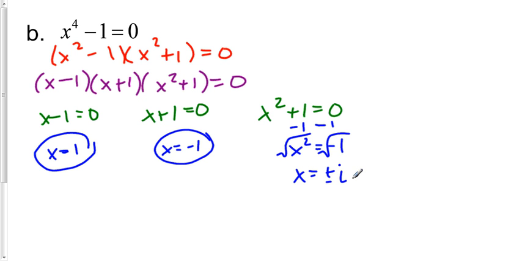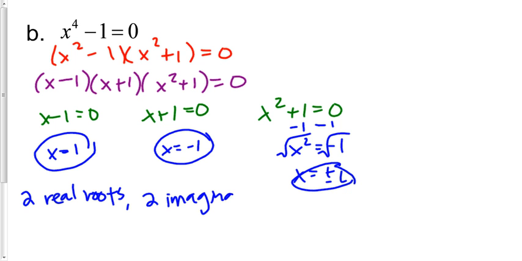So we've got plus or minus i that represents 2 other solutions here. Okay, so we have 2 real solutions or roots, +1 and -1, and we have 2 imaginary roots, +i and -i, for a total of 4 solutions.